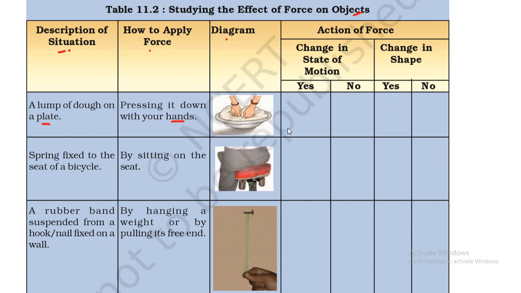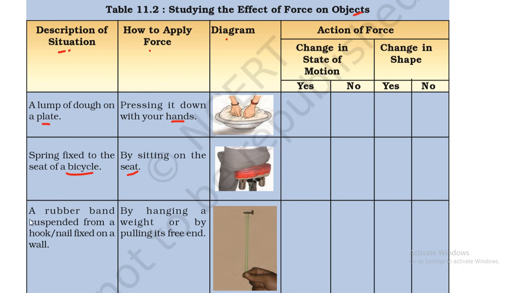Okay, now in the second case you can see a spring fixed to the seat of a cycle. How to apply force? By sitting on the seat. When the person is sitting on the seat, he must apply some force, that is, his weight on the spring.